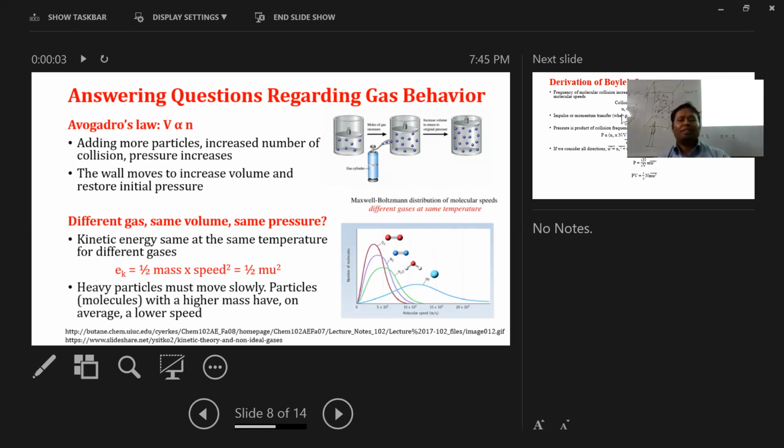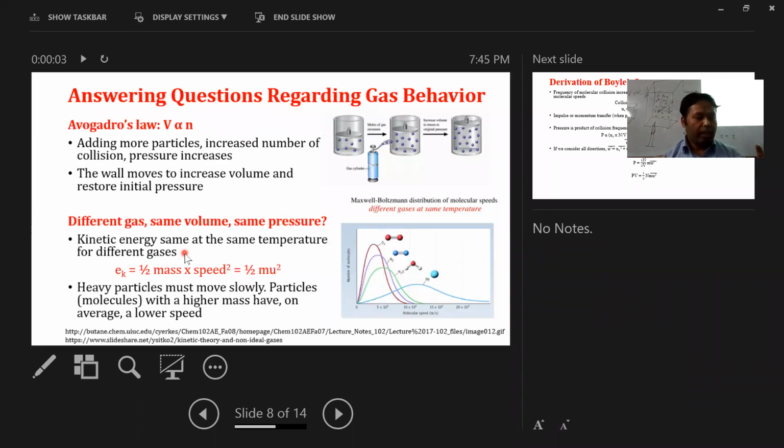Anyway, what I'm going to say is that if we have a very large molecule, that means a heavy molecule, then it has some possibility of less velocity. So on average, the kinetic energy becomes equal.